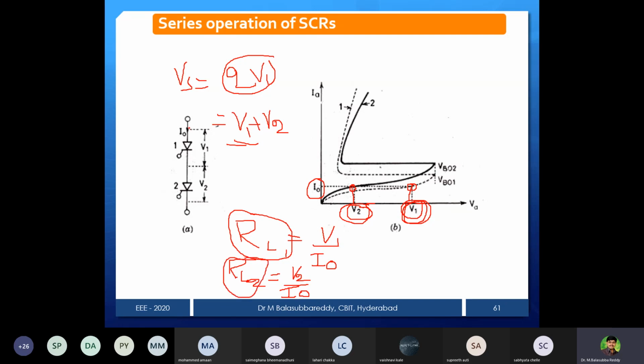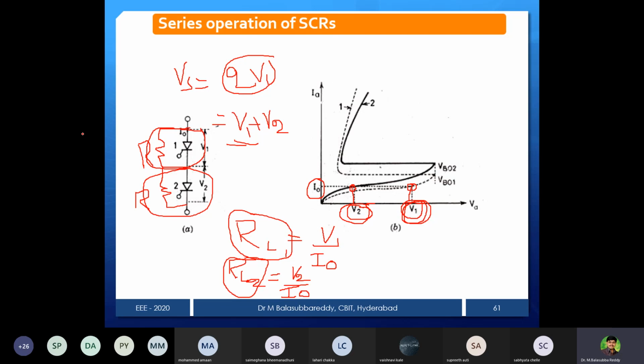To make them equal, you connect one resistor in parallel with each SCR. Then this resistance and the leakage resistance are in parallel, and that parallel resistance must be made the same. Then only will you get equal voltage sharing.